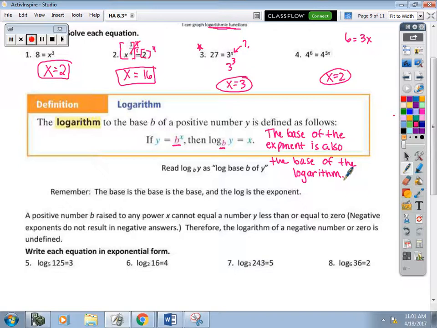But you'll notice that the variables switch where they're located. So b had x with it. When it does the logarithm, b will have y with it. So kind of like because they're inverses, they switch their two letters, x and y, around. But the big thing to keep the same, again, is that our base of the exponent is going to stay the base of the logarithm. And you'll also notice that you're finding the logarithm of a positive number y, so you do want this number to be positive.